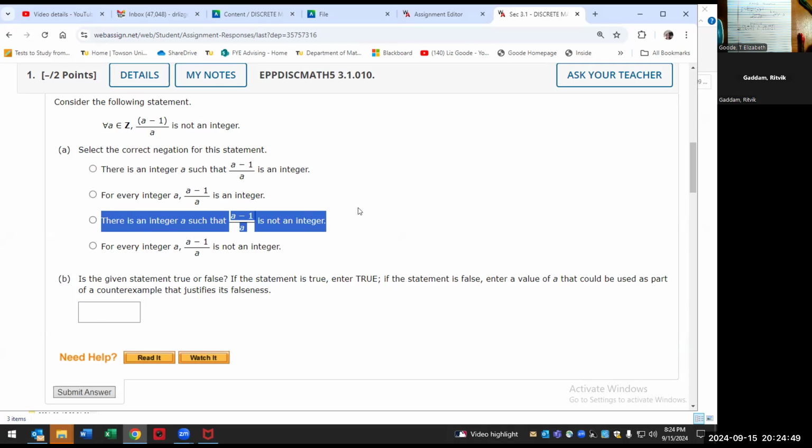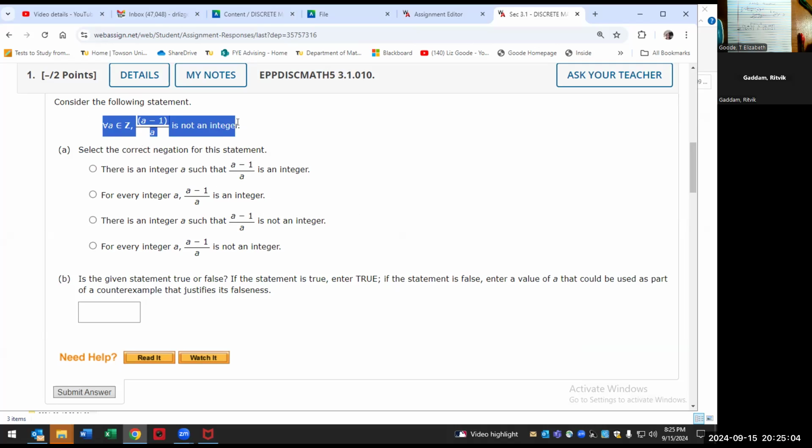Oh, okay. So the statement is, I guess, true. Is the given statement true? If the given statement is true, it means no matter what value you input for a, because it's supposed to work for all a and z, you could plug in any integer value here and here for a.